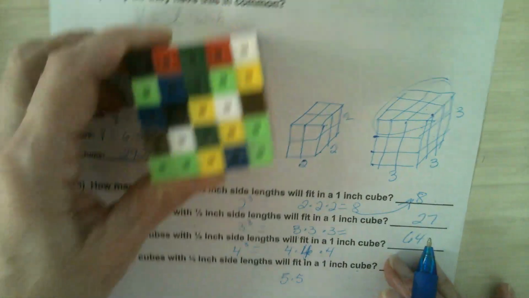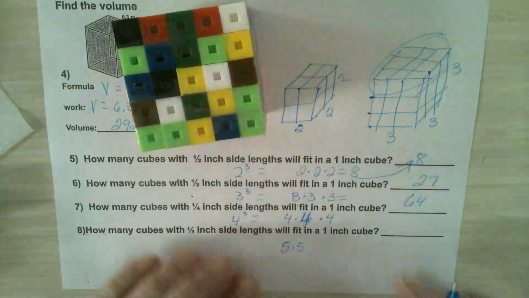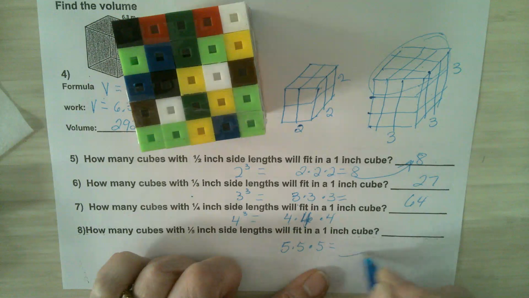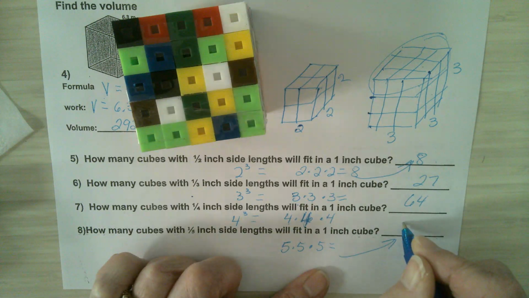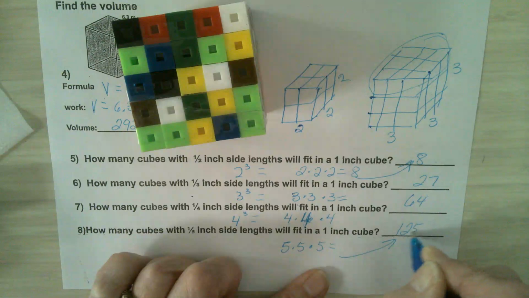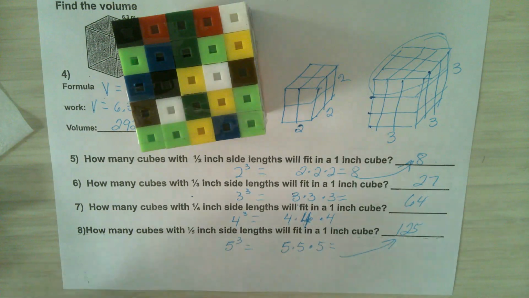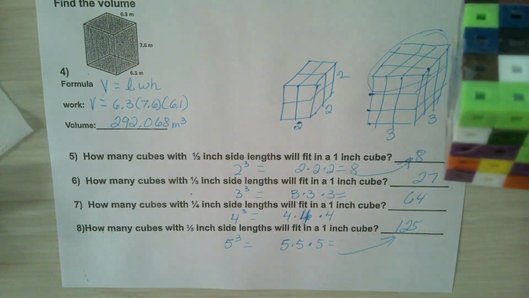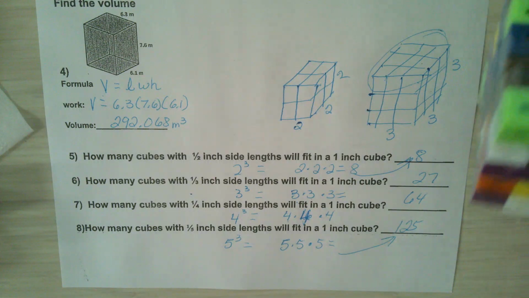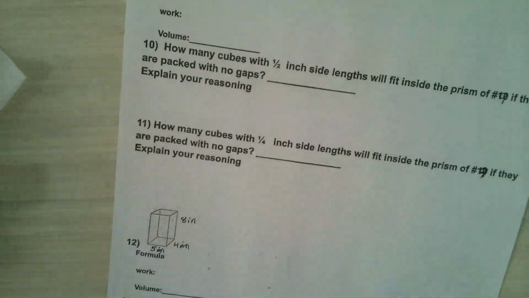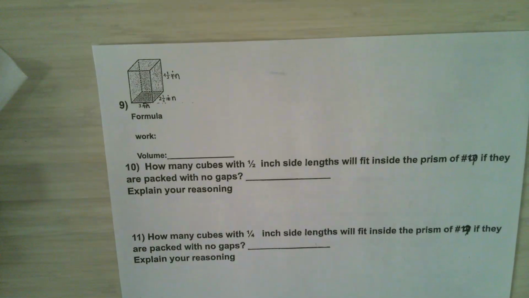So you have 5 rows of 25. 5 times 5 is 25 times 5 equals 125. 5 to the 3rd power. Do you see the relationship here on how we do this? Yeah. Okay, now let's go to the back side, and I want you to do question number 9.